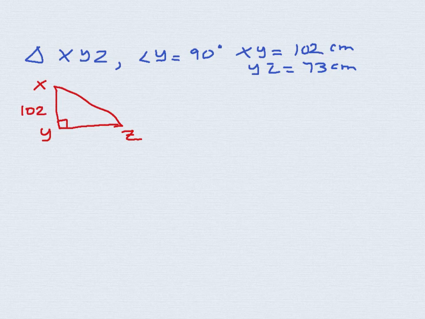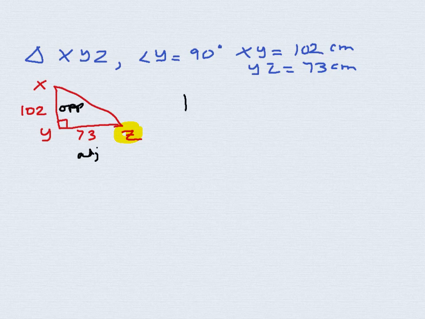Let's read the whole question first. XY is 102. YZ is 73. And we're asked to find all missing sides and angles. So just like the question we just did, you're required to find an angle. Let's say you want to find angle Z. Well, with angle Z, you know that 73 is the adjacent side and 102 is the opposite side.